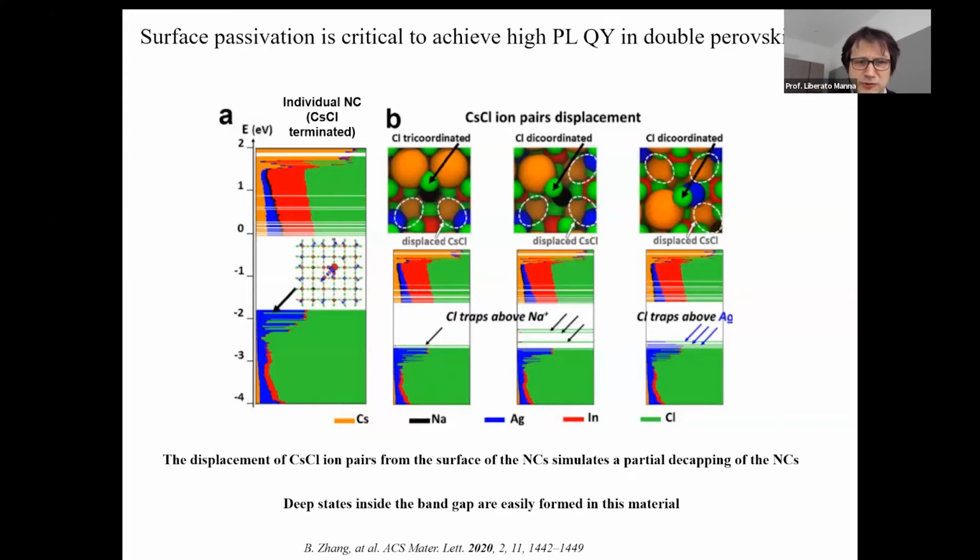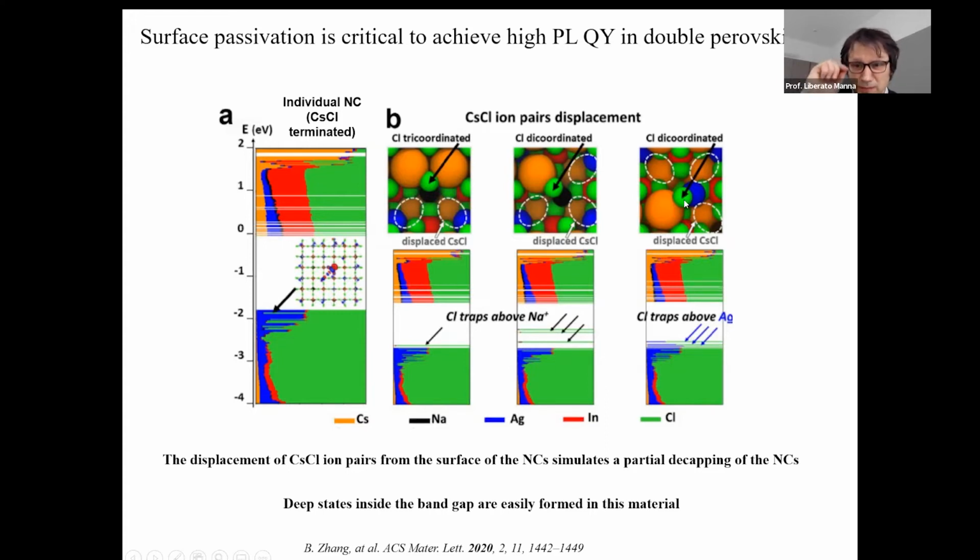Okay, when you start removing cesium chloride ion pairs from the vicinity of this ion, you start forming trap states which are deeper than in the fully passivated case. When you start removing more cesium chloride ion pairs, in this case you remove 3 cesium chloride ion pairs, you form very deep trap states. Okay.